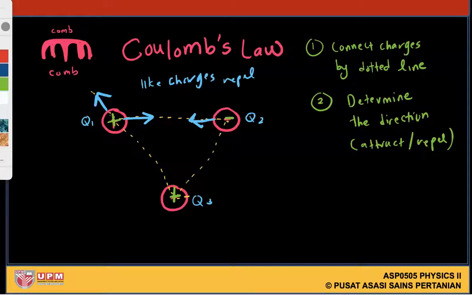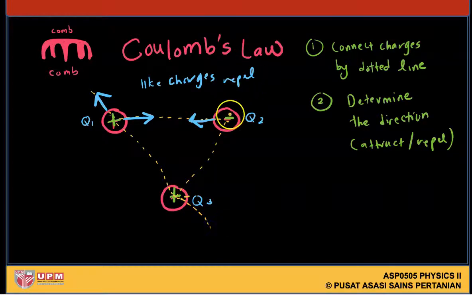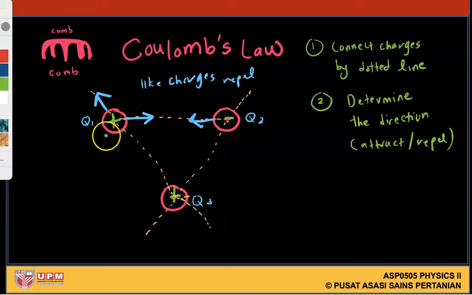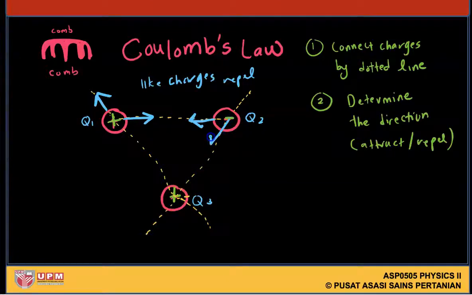I forgot to mention that the dotted lines can be extended, which means that if it is going to be repelled, it should be repelled along the dotted lines as well. So Q1 looks at Q3, we have the same charge, I don't like you. Then Q2 looks at Q3, oh, we have different charges, I am attracted to you, so I am going to go this way along the dotted lines.